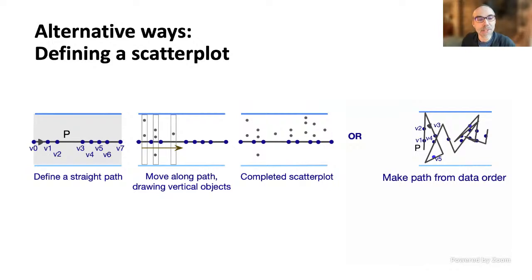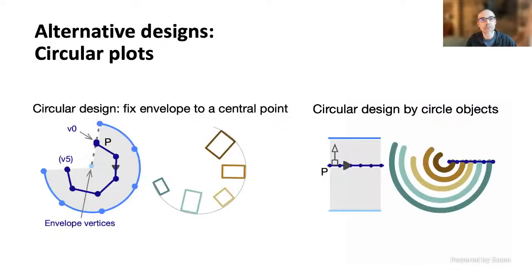Obviously, there are different ways to create objects and visualizations. So we can imagine that there are two different ways to create such a scatter plot. We either define them in x-axis order, or we can define them in data space order. And there are different ways that would allow us to create visualizations in that way. The same with circular plots.